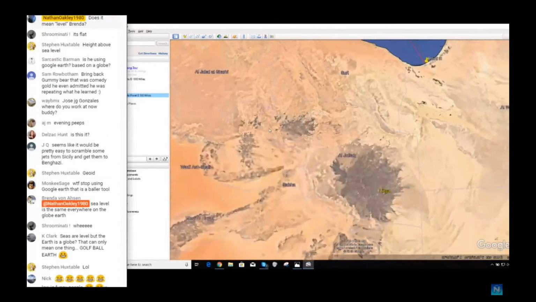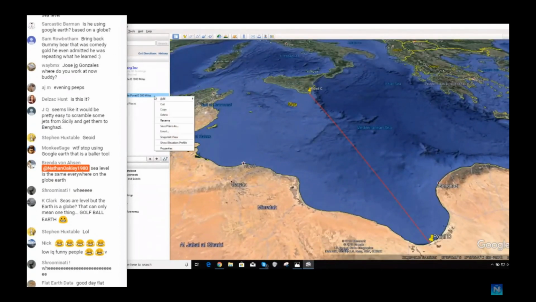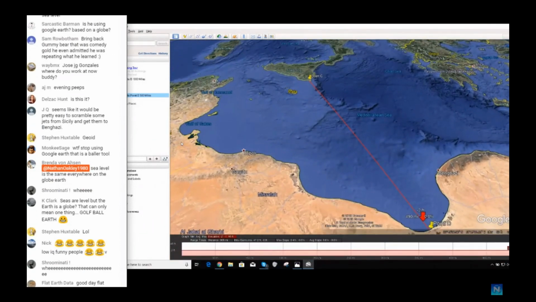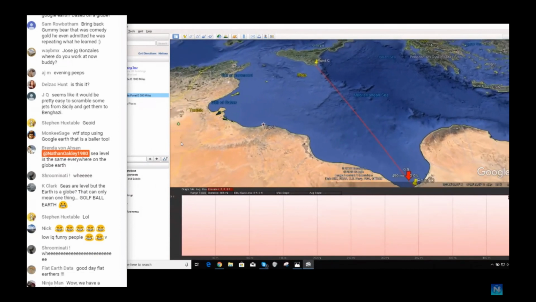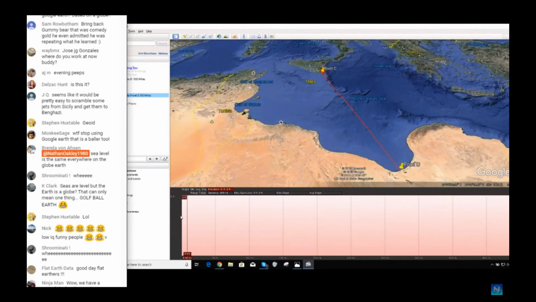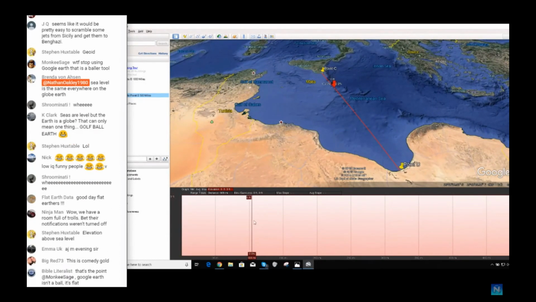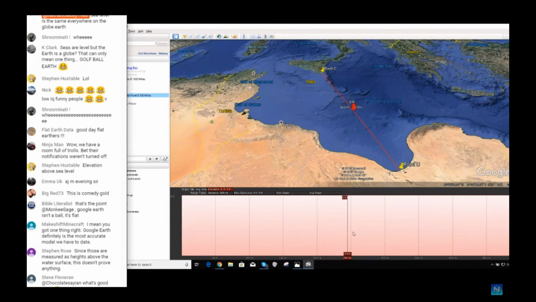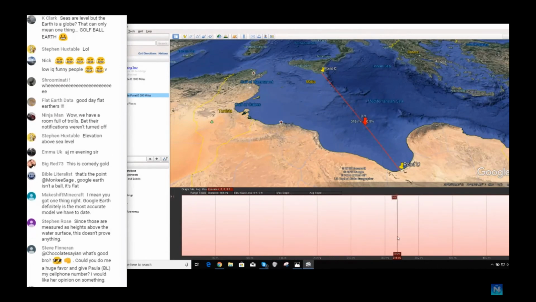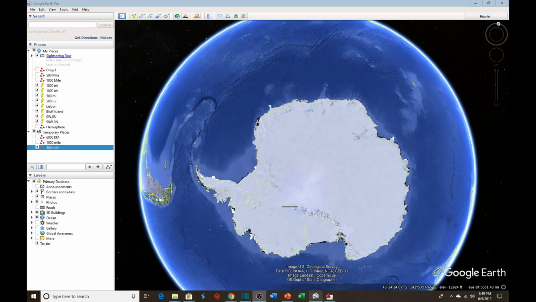We'll get an elevation profile. So from the shore of Sicily for 500 miles, as you can see, we have a 0.00 vertical drop.